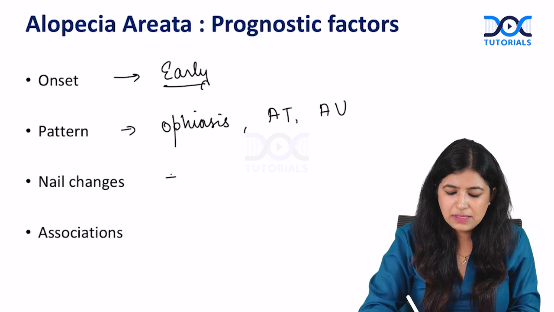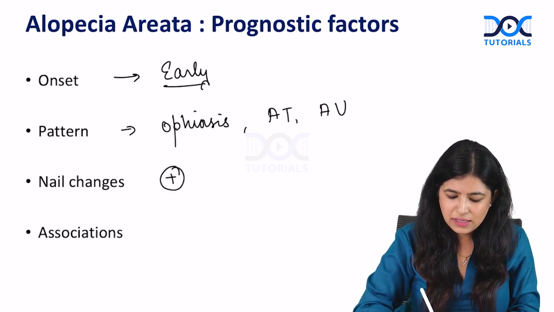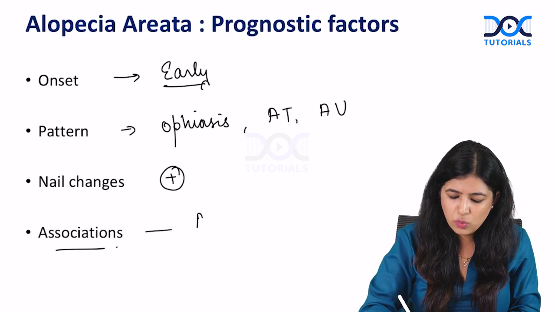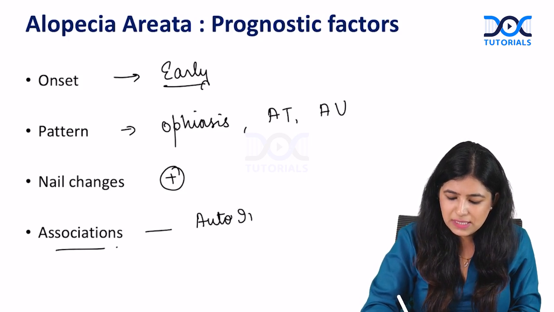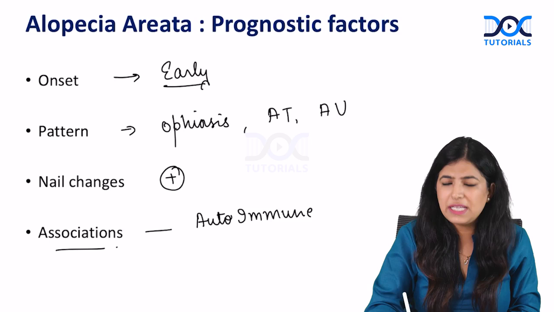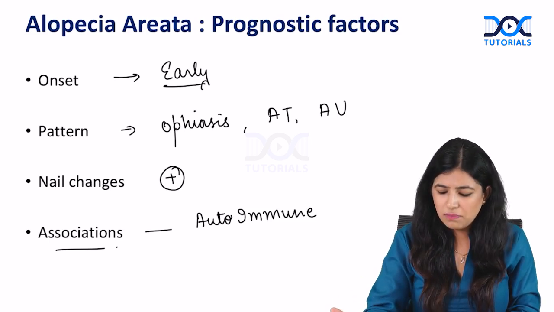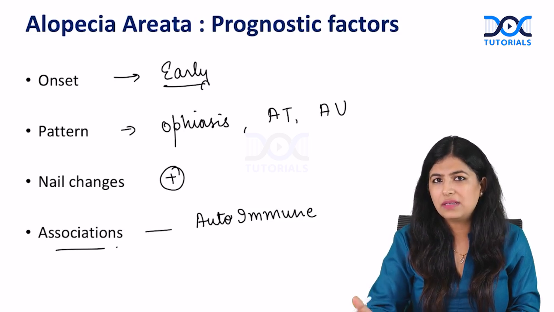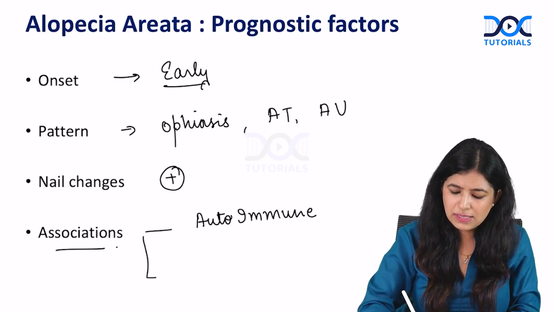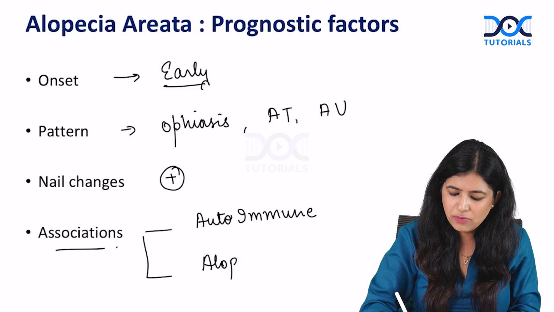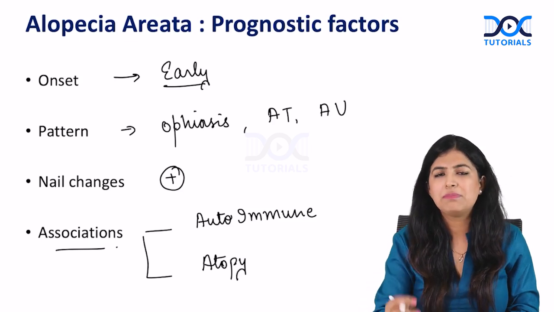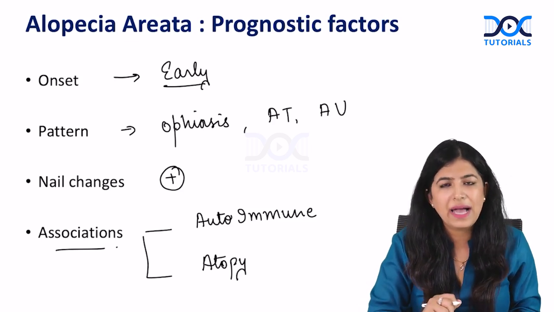Presence of nail changes and certain associations with other autoimmune diseases, especially the Th1 type like vitiligo, Hashimoto's. All of these, when present, can tell you that there is a poor prognosis, and also association with atopy. That is, the patient has a tendency to allergies.